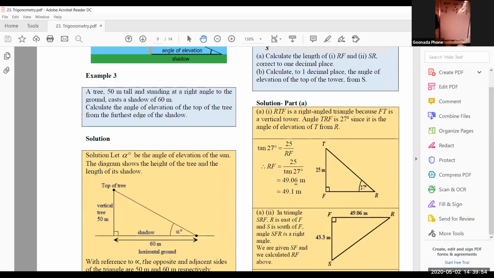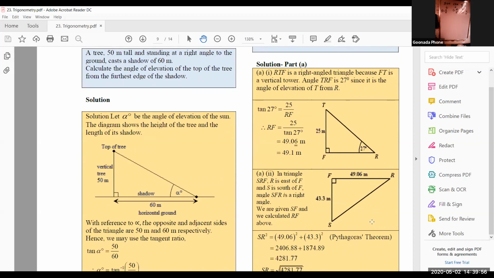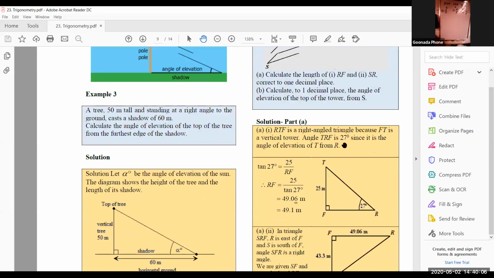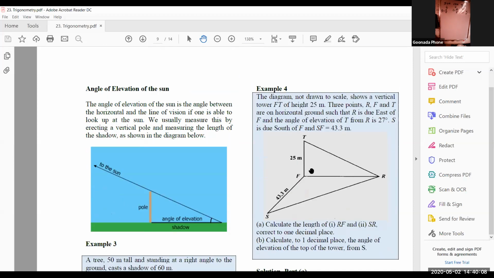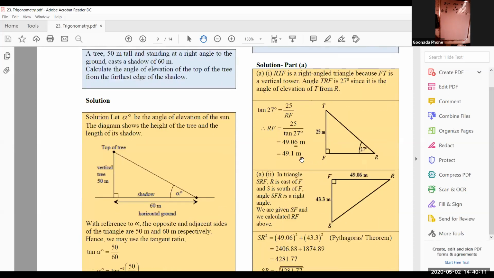So let's see our solution. Since RTF is a right-angled triangle, because FT is a vertical tower, we're splitting it up and taking out this triangle here, FTR. We know the angle of elevation was 27 degrees, so we're using tan. Why are we using tan? Because we were given the opposite, and we have to find the adjacent.